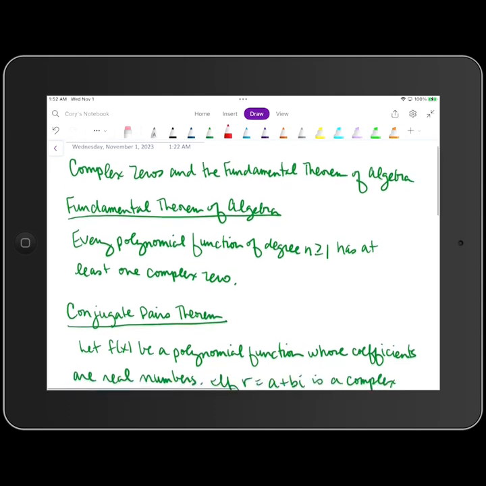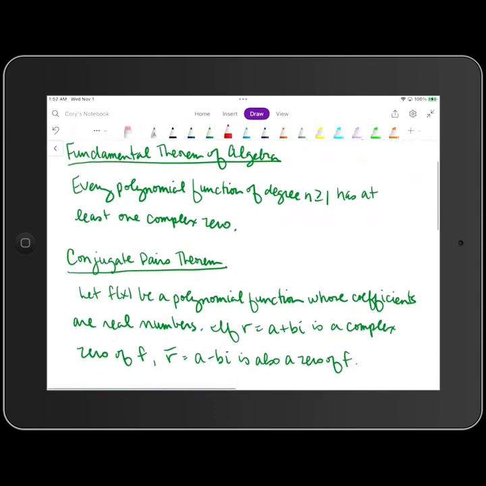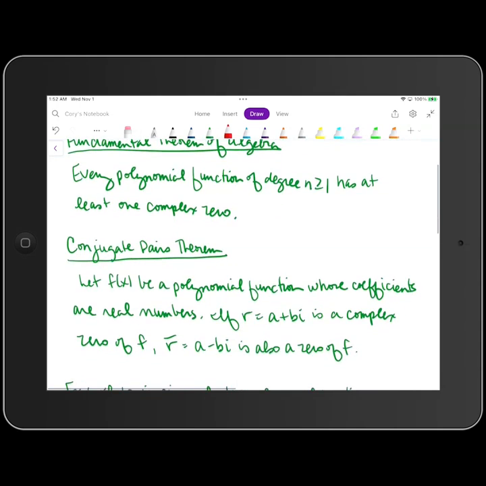Okay, let's talk about one other thing and then we'll get into some examples illustrating some of the stuff that we've talked about. So the next thing we're going to look at is the conjugate pairs theorem. And the conjugate pairs theorem says to let the function f of x be a polynomial function whose coefficients are real numbers.